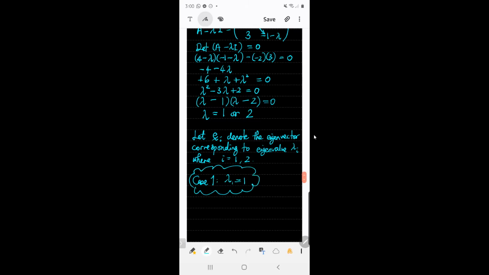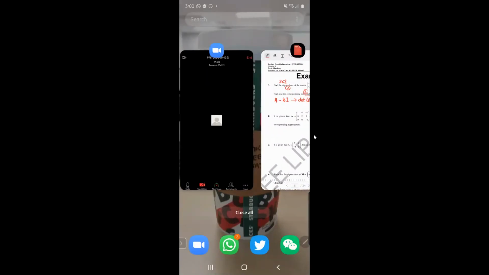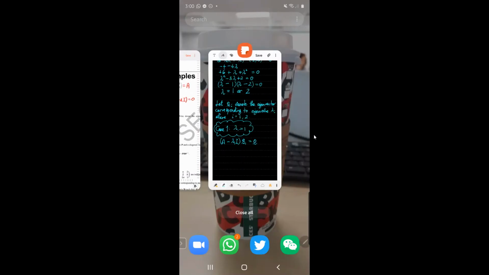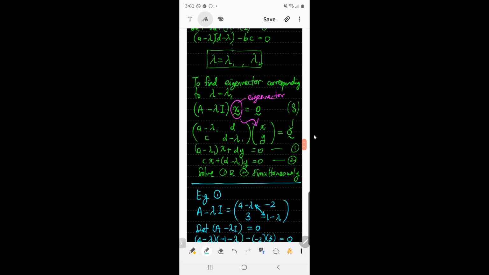Okay. So you have A minus lambda 1 I times the first eigenvector E1 is equal to 0 vector. We are using the definition here. A minus lambda I times x is equal to 0, so the x is the eigenvector.